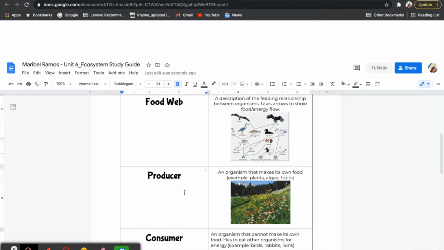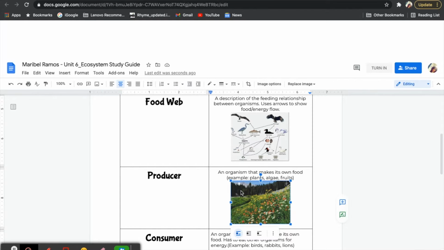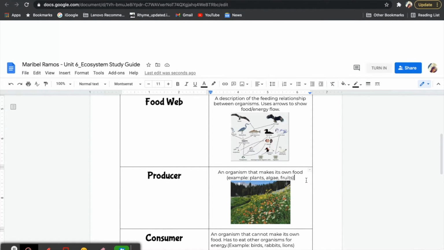Producers like fruits, plants, flowers, trees, and algae are able to make their own food using light energy from the sun, and through the process of photosynthesis are able to convert that light into sugar to help them grow. Producers do not need to eat or consume other animals. They produce or make their own food.